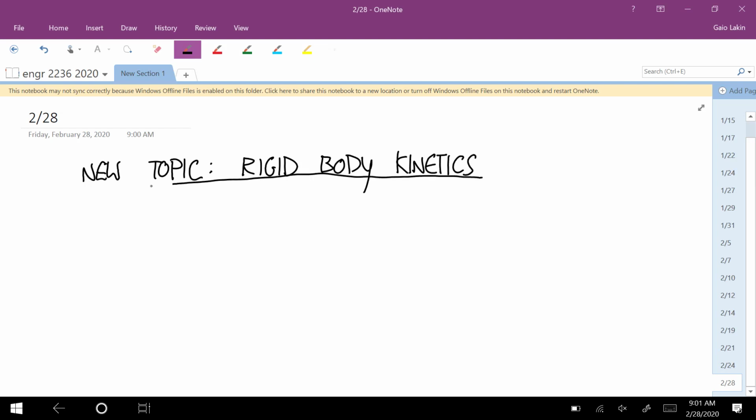Up until now, we've been treating everything as a particle. So there's some new things. Now, objects will have length dimensions.